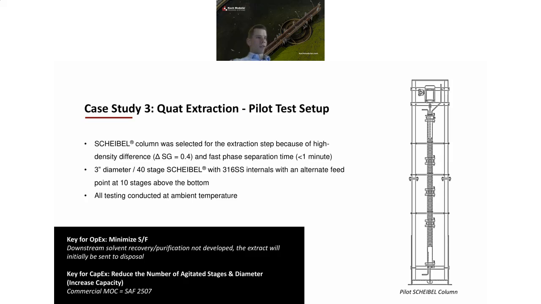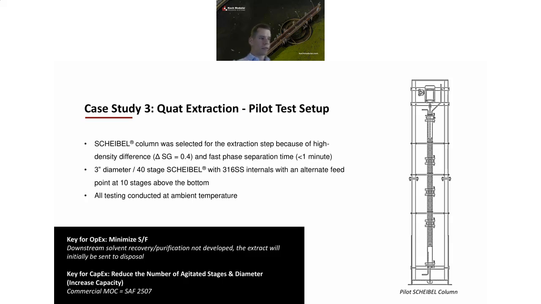This column was designed with just 40 agitated stages. We didn't feel like we needed a lot because we only thought 2 to 3 theoretical stages were required. It was also designed with an alternate feed point at 10 stages above the bottom. That was done because we wanted to see if we could reduce the amount of agitated stages required for the scaled up column, to reduce the CapEx associated with the Scheibel column itself.